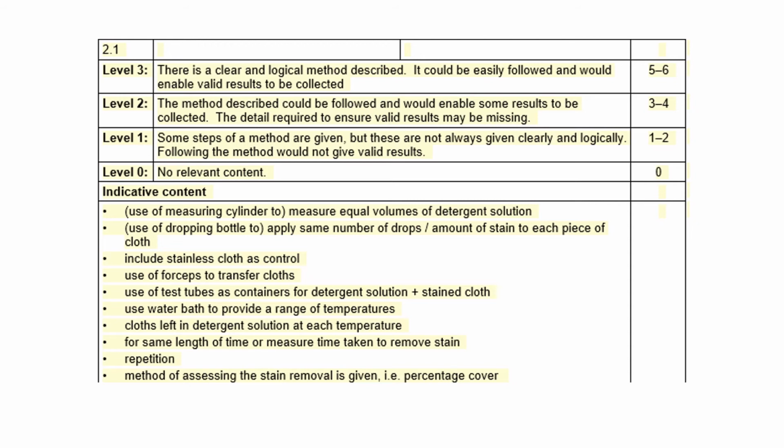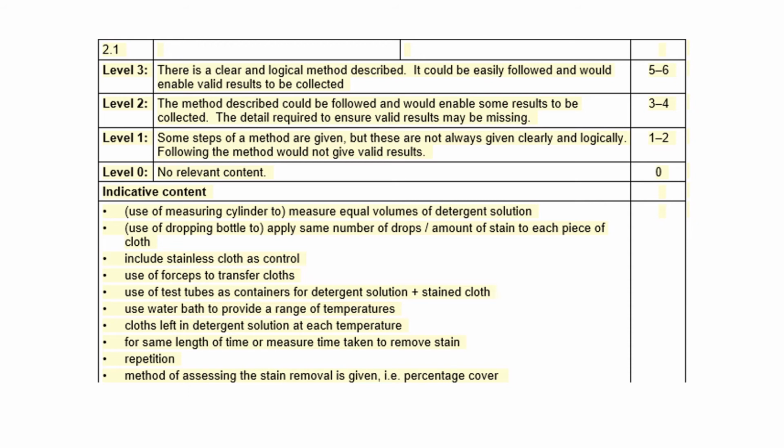The next one that they suggest that you've spoken about is applying the number of drops of the stain to the cloth. So this is making it a valid or fair test by making sure that the control variables are kept the same.